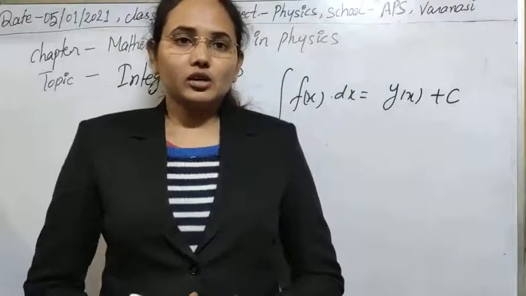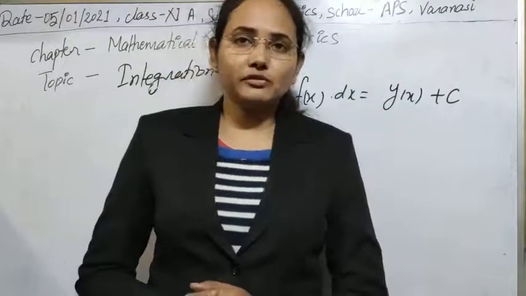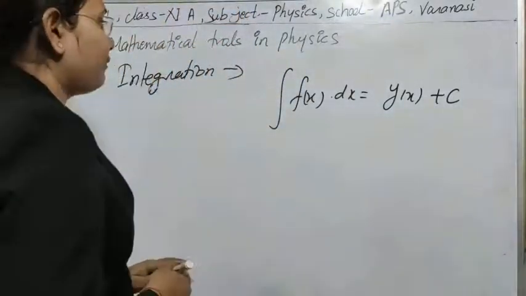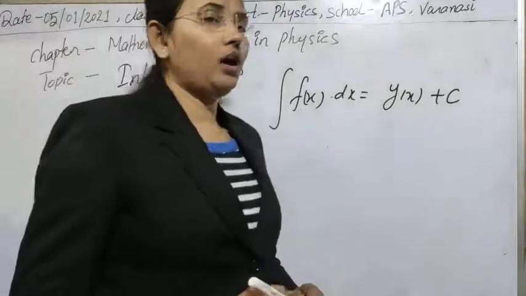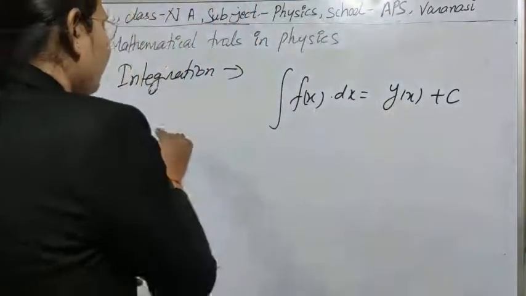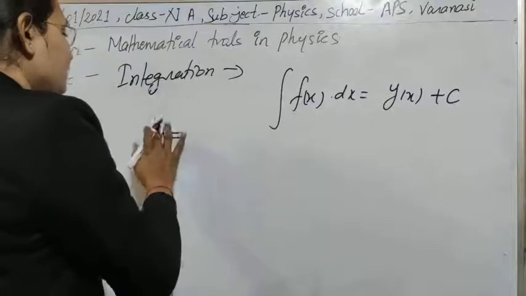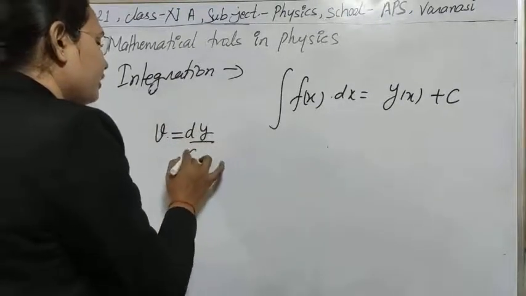Like in the case of oscillation, or in the case of motion, you can understand it. If you have to derive the equation of motion, how can you derive it? First of all you have a formula, suppose v is equal to dy by dt or dx by dt.